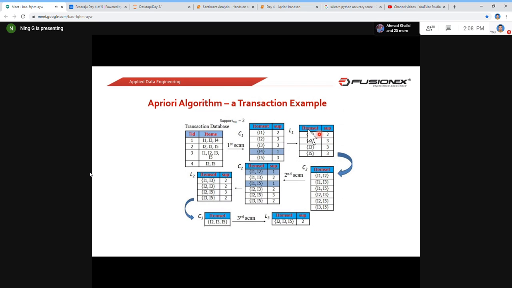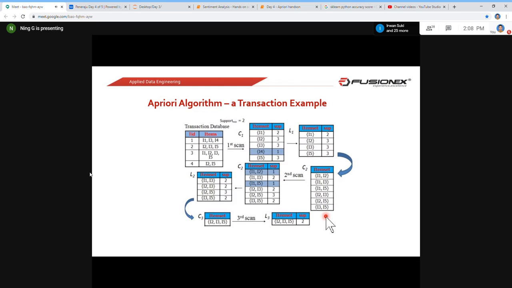So if we have number 1, number 2, number 3, and number 5, we can see from the initial transaction here that number 1 and number 2 have been seen bought together, and number 1 and number 3 have also been seen together. Number 1 and number 5 have been seen bought together, and in this case, we can see all of these possible associations from the first transaction part.